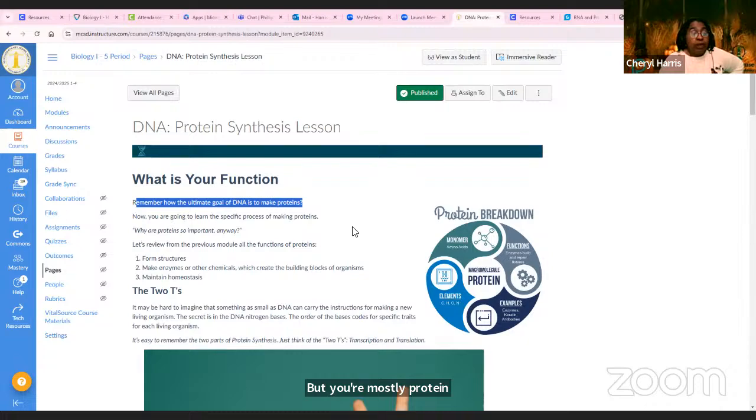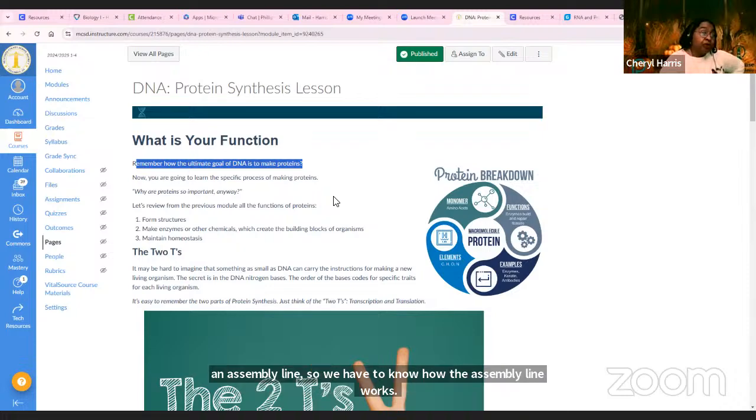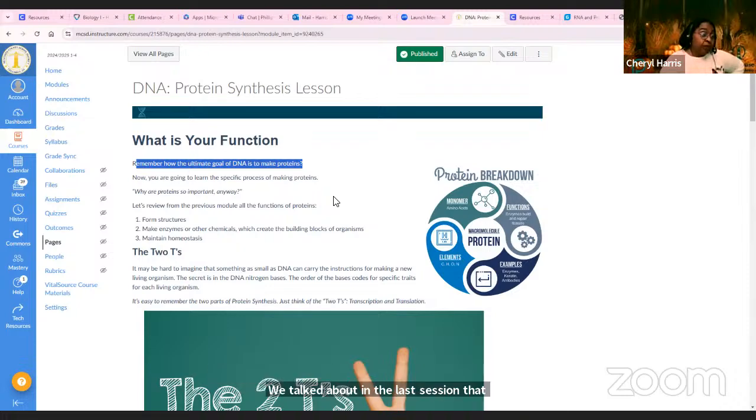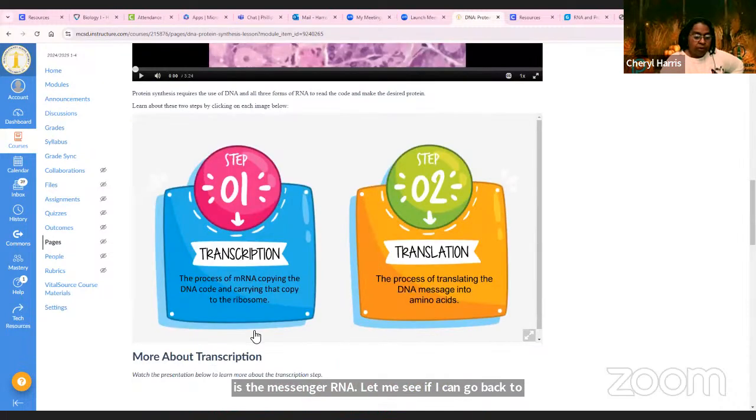Okay, so we have to learn how that process works. It's an assembly line, so we have to know how the assembly line works. We talked about in the last session that there are 3 different types of RNA. So the person who reads the RNA is the messenger RNA. Let me see if I can go back to that before we do this.